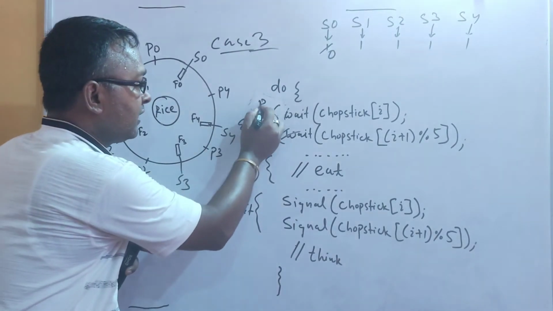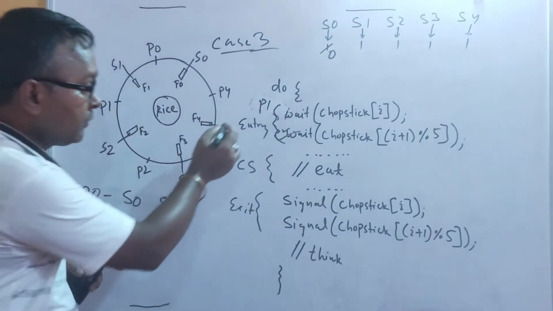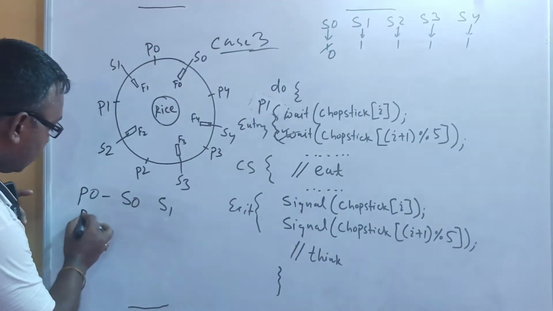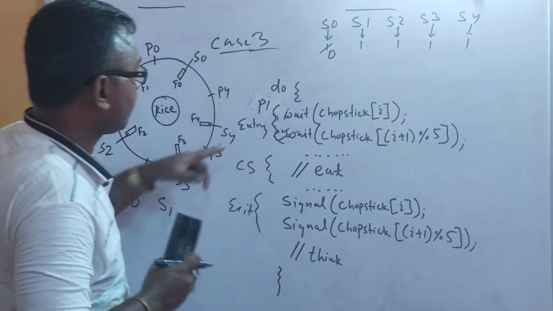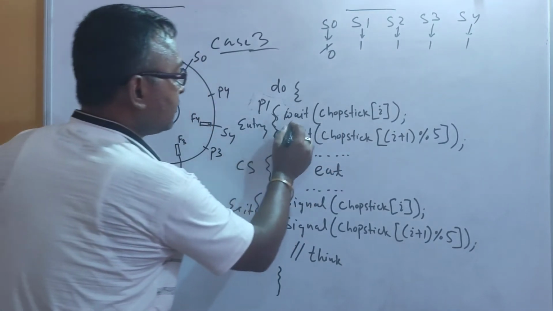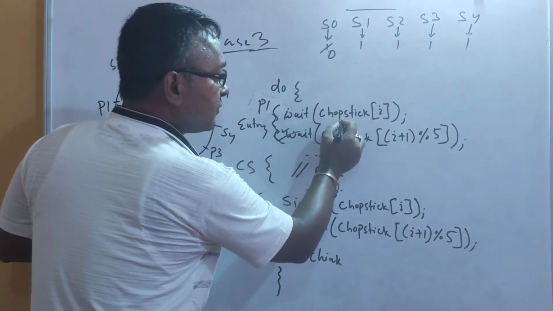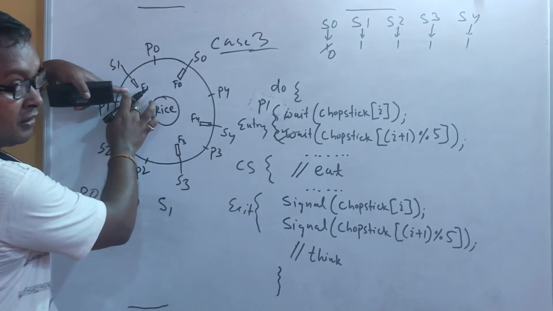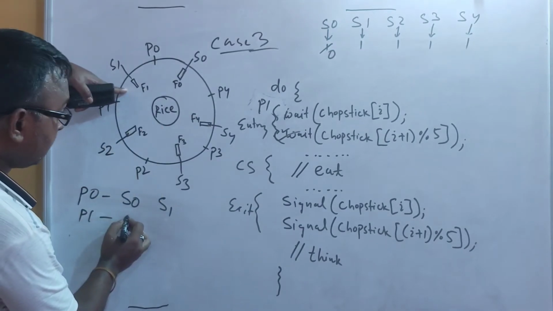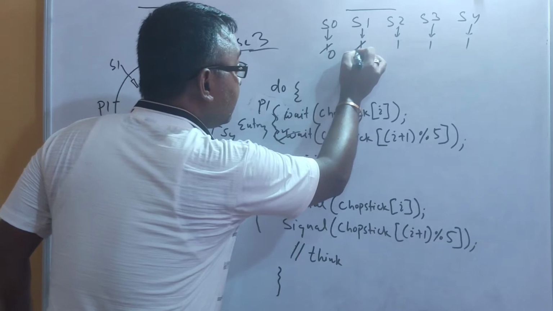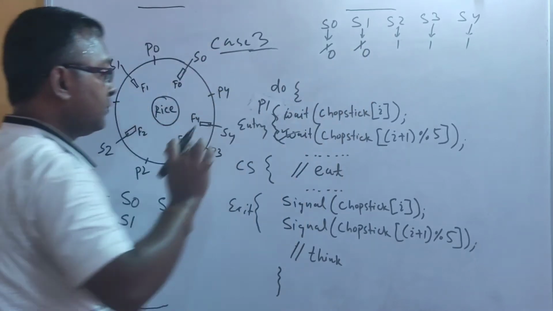At that time, P1 comes and wants to enter the table. P1 executes this particular line of code with semaphore S1, that means fork F1, decrementing the semaphore value from 1 to 0.